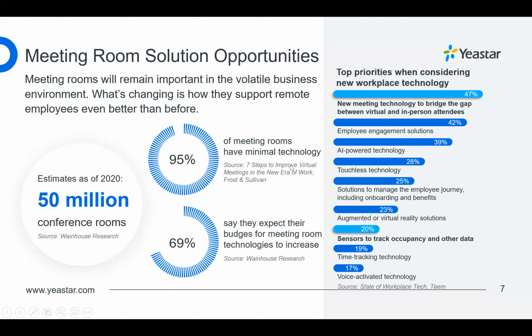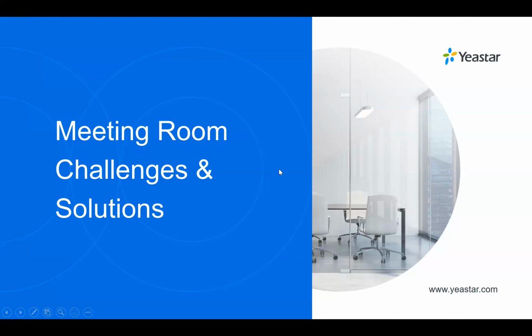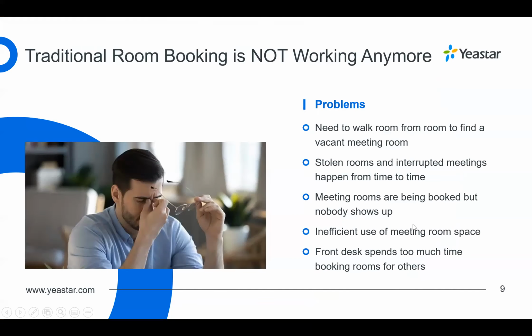All right, let's find out what kind of problems we may have. I want to make you feel more related to the old problems we had if we don't have this solution. I'm going to divide the problems into 2 parts.